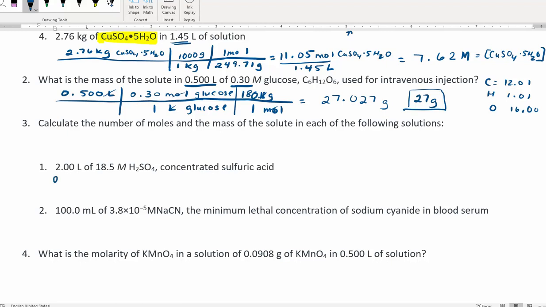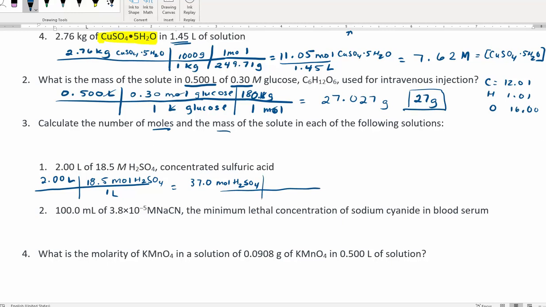So we start with our volume, 2.00 liters of solution, and we're going to multiply that by the concentration, 18.5 moles of H2SO4 for every 1 liter. So 2 times 18.5 will give us the moles, and we have 37.0 moles of H2SO4. So that's the answer to the first question. We have moles first and then mass.